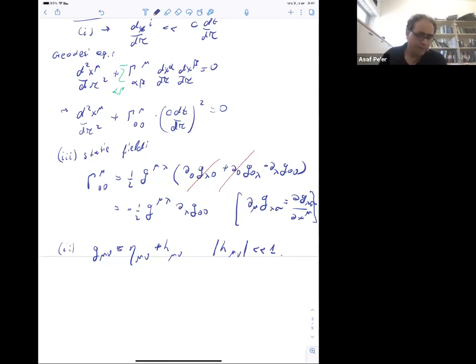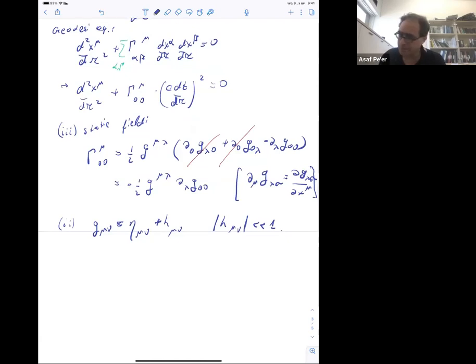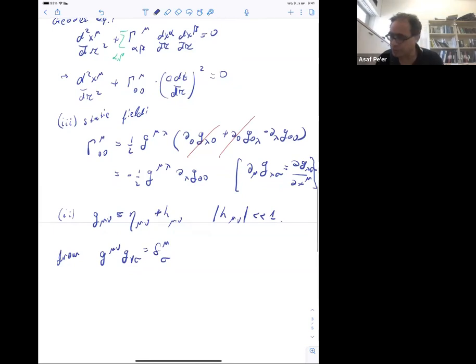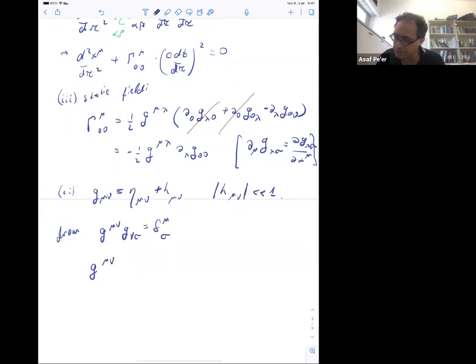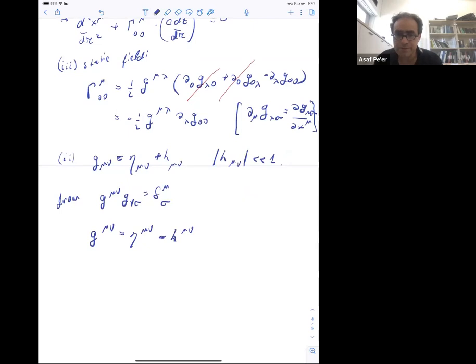From the definition of the inverse of the metric, remember we had g mu nu g nu sigma is just delta mu sigma. We can write that the first order correction of the inverse metric g mu nu is just going to be eta mu nu minus h mu nu, where h mu nu is obviously the inverse of the perturbation, so h mu nu is eta mu rho eta nu sigma h rho sigma.